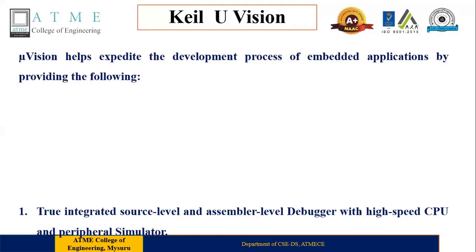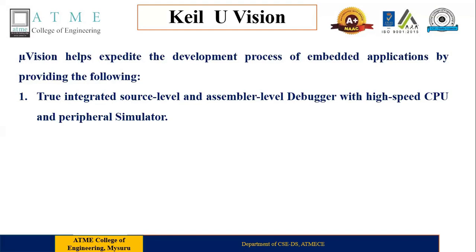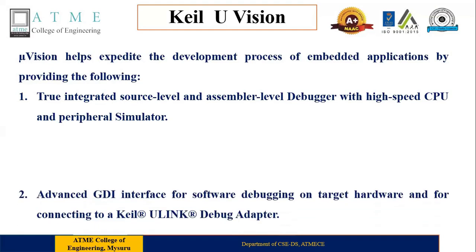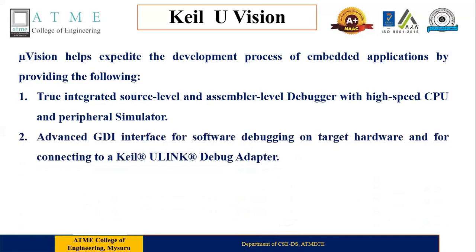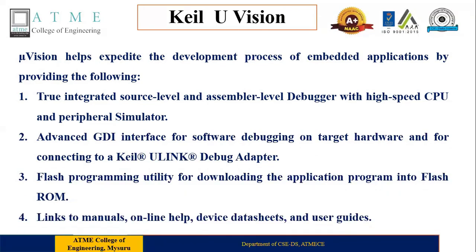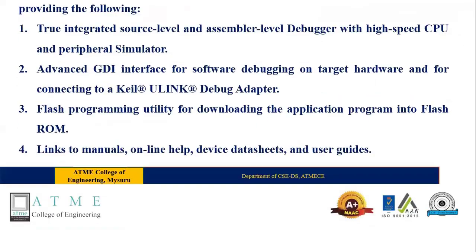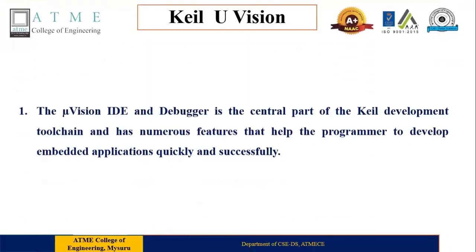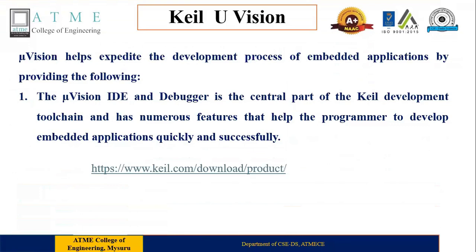It also gives emphasis to an integrated source level and assembly level debugger with high-speed CPU and peripheral simulators, an advanced GDI interface for software debugging, and a Flash programming utility for downloading the application program into Flash ROM. It also gives the standard device database, user manual, and everything in the Keil MicroVision software. You can find it in the link which is shared here.